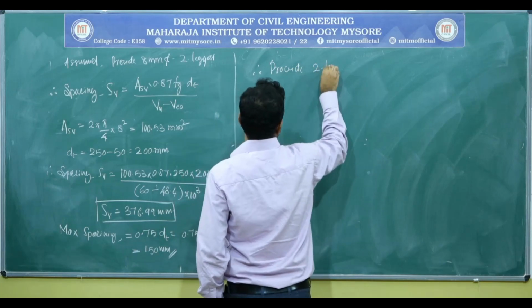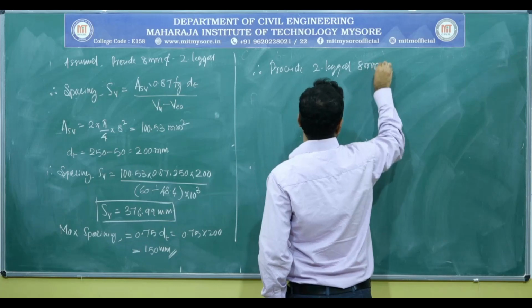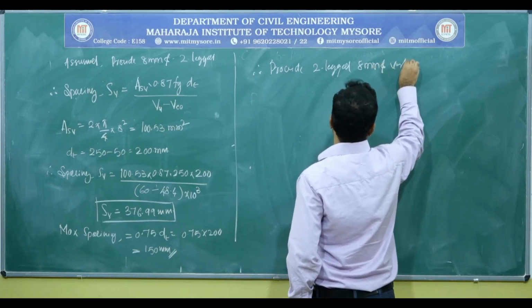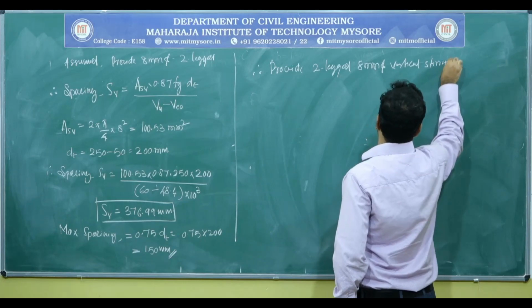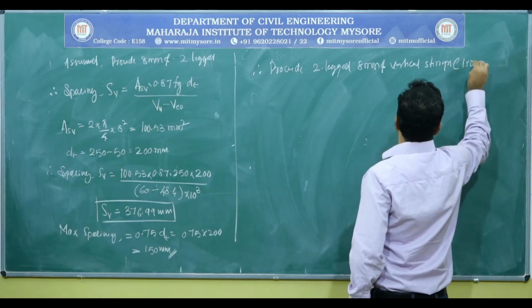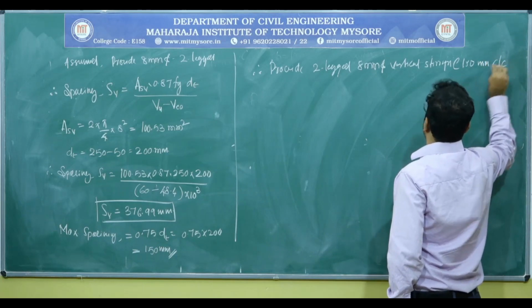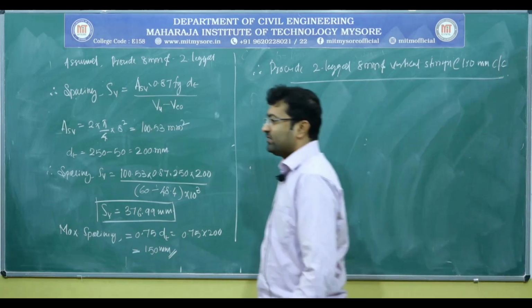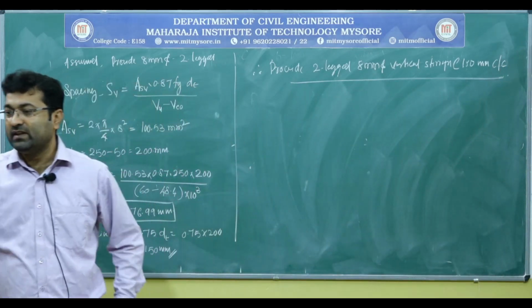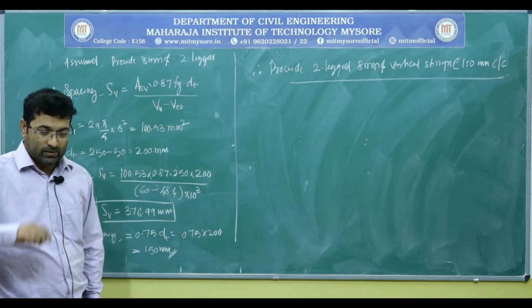Provide 2-legged 8 mm dia vertical stirrups at 150 millimeter center to center. So this is the final outcome, the final decision of the problem. Okay.